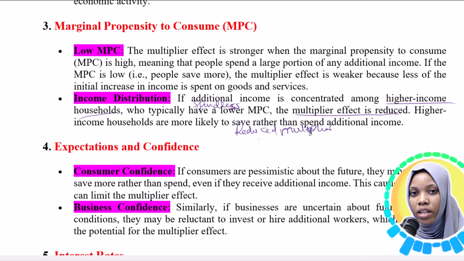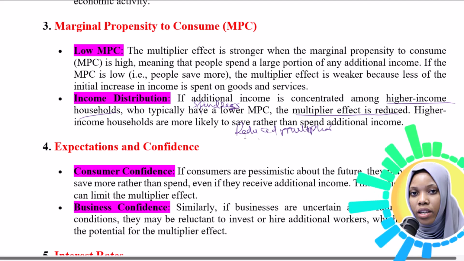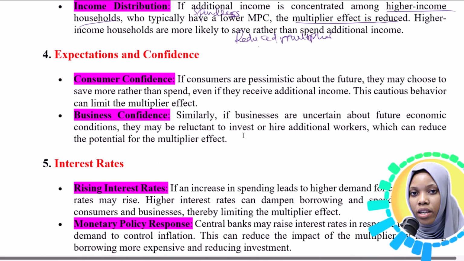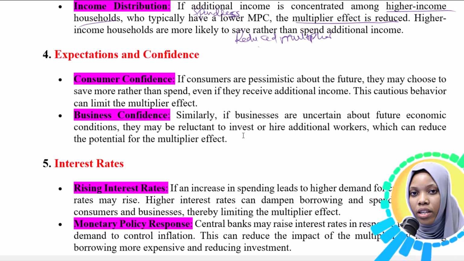And then expectations and confidence. We have the consumer expectations and business confidence. If consumers are pessimistic about the future, they may choose to save more rather than spend. And this limits, if you spend less, we have said the multiplier is reduced.